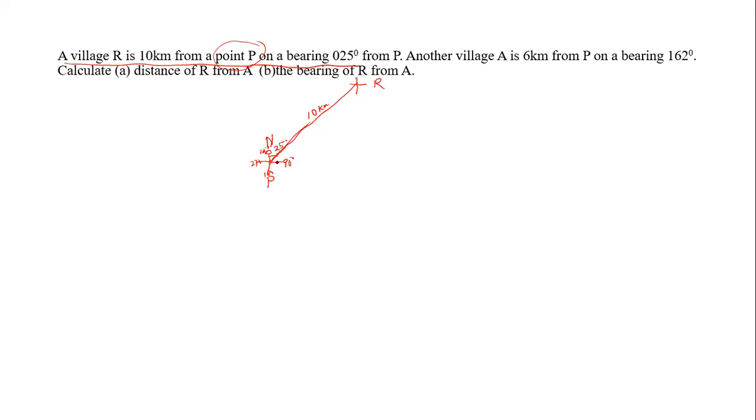What do I add to 90 to make it become 162? It's 162 minus 90, and that will give us 72. So I add 72. 72 will be very close to 180 here, so it will be somewhere here. So I've added 72.